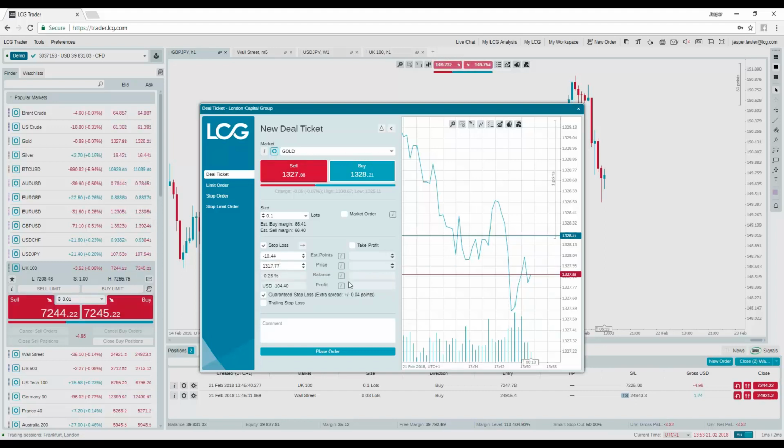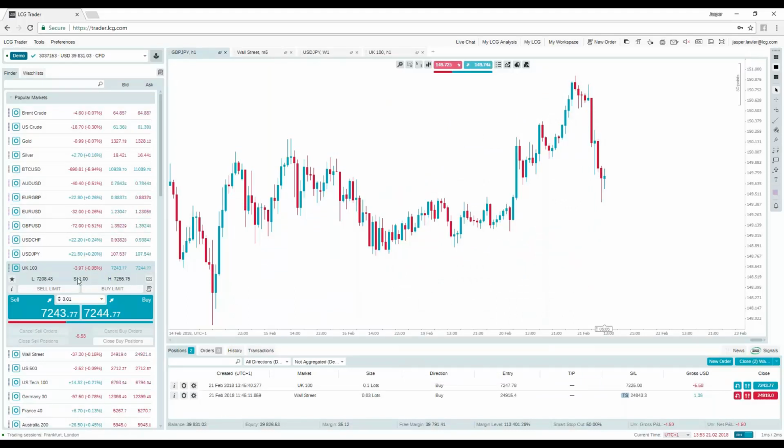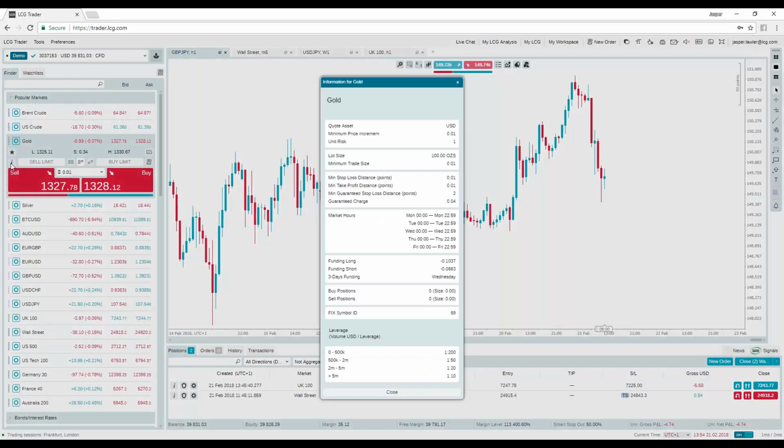So basically the idea was that I wanted to show you what the minimum guaranteed stop loss distance was. If I just X out of this again for a second, and we go over to gold, and I go to information, this will mostly tell you all you need to know. Min guaranteed stop loss distance in points, only 2.